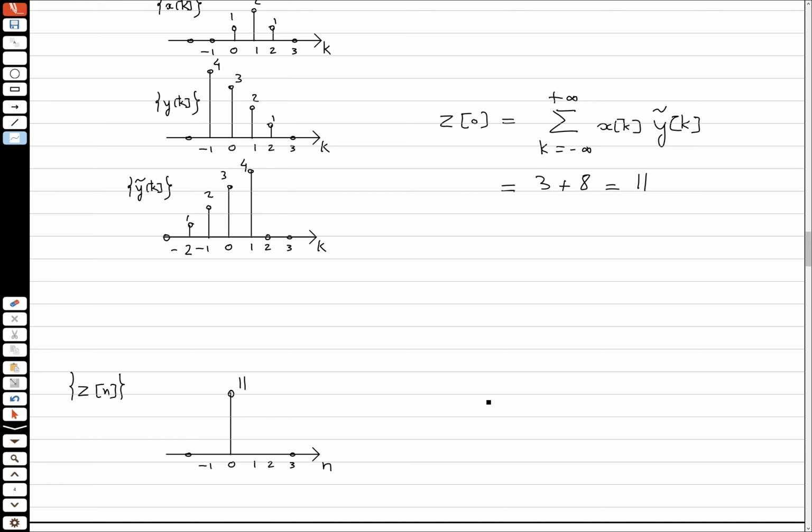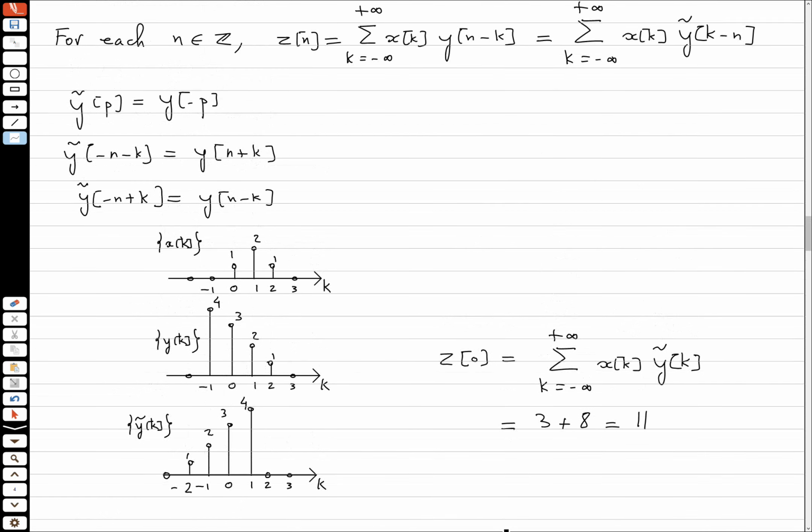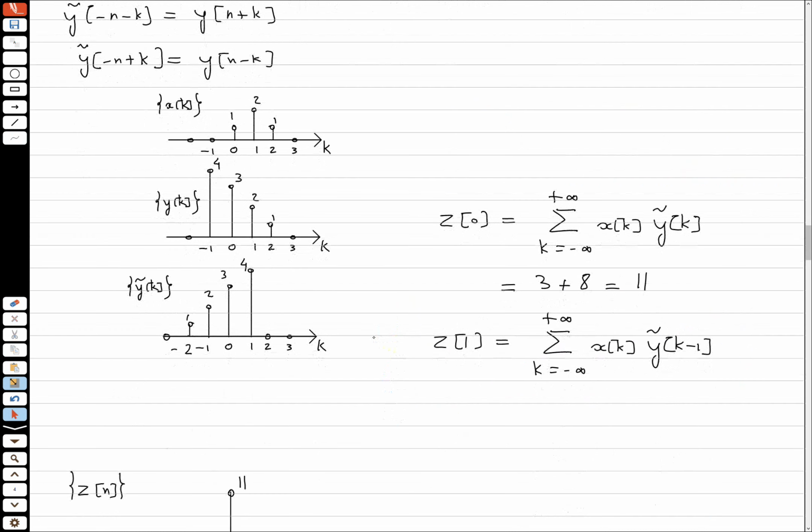But how to get z of 1? Z of 1 is going to be this formula. It's going to be the dot product, but not between x and y tilde, but between x and the shifted version of y tilde by 1.